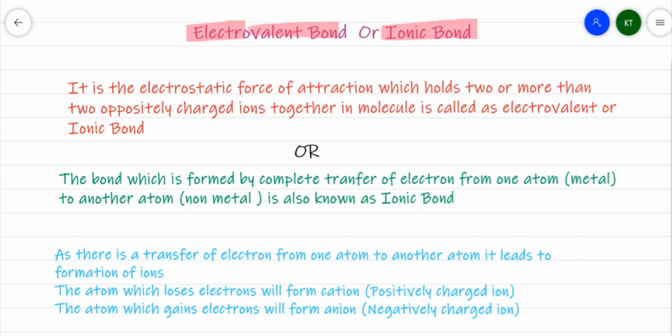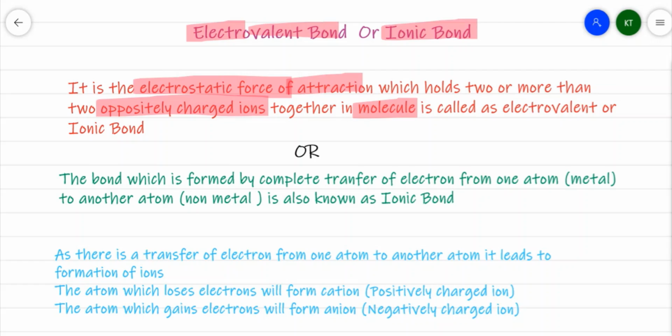So what do you mean by ionic bond? Basically it is an electrostatic force of attraction which holds two or more oppositely charged ions, that means positively and negatively charged ions, together in a molecule. That is called an ionic bond or electrovalent bond.